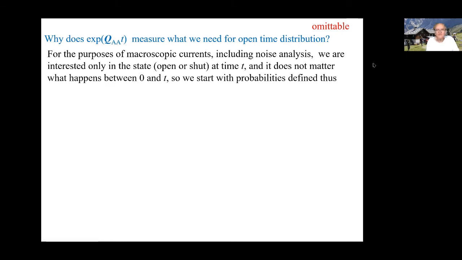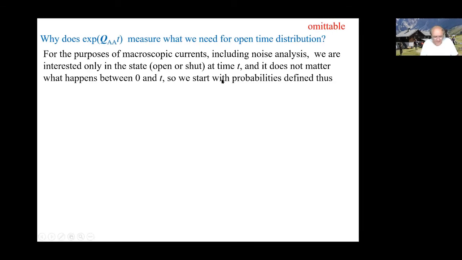One thing to notice is that for the purposes of macroscopic currents, including noise analysis, for example, we're interested only in the state, open or shut, at time t, and it doesn't matter what happens between 0 and t.